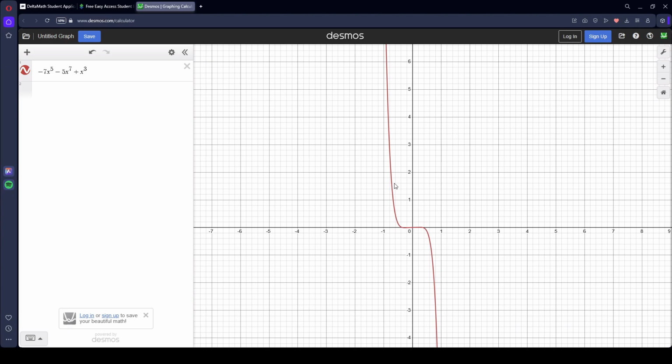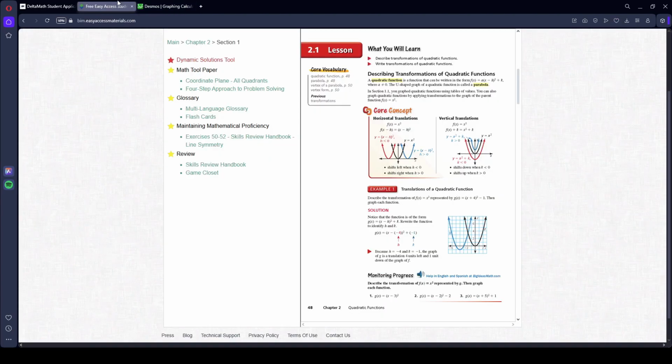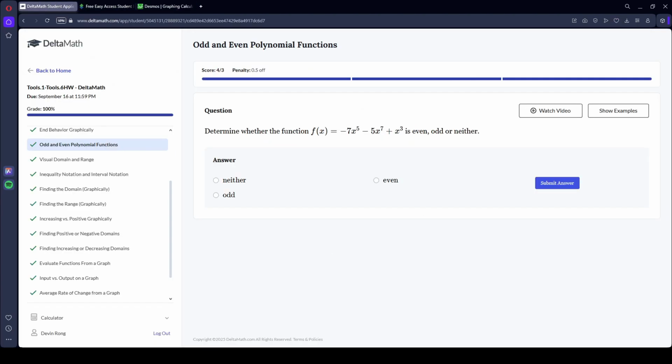Whenever the function is rotated 180 degrees about the origin, that is what it is. What am I saying? Now let's see if we flip it. Okay, how do I explain this?